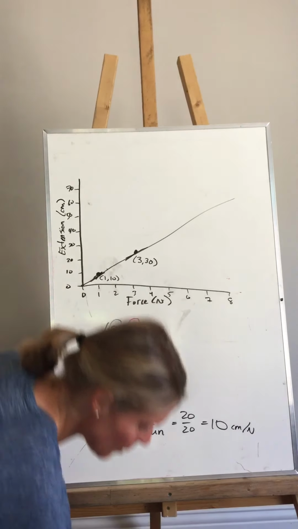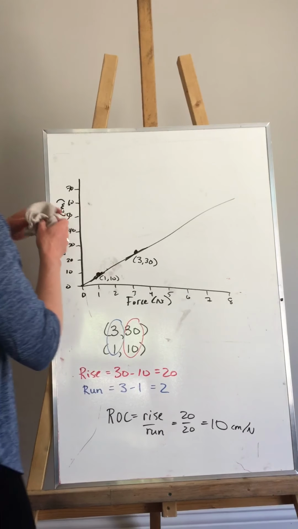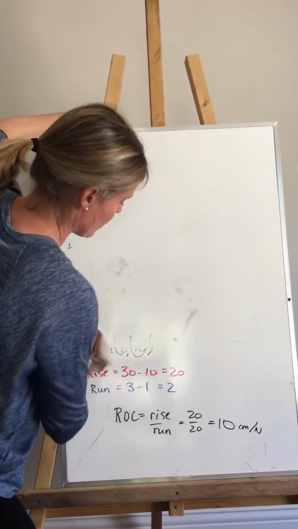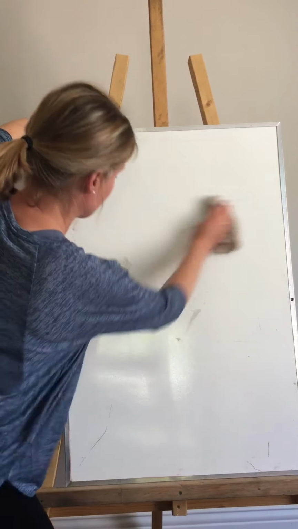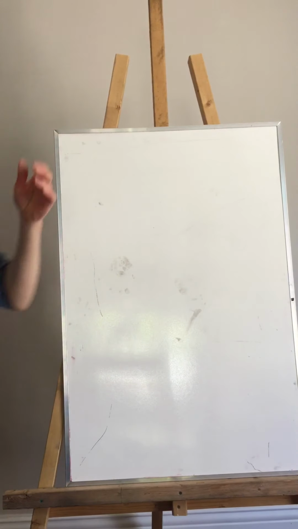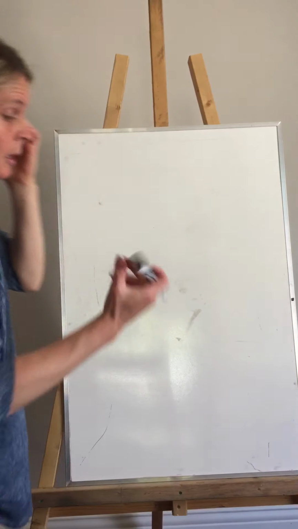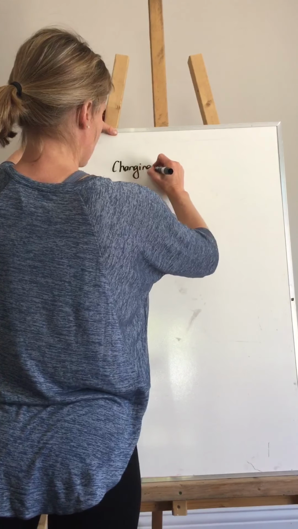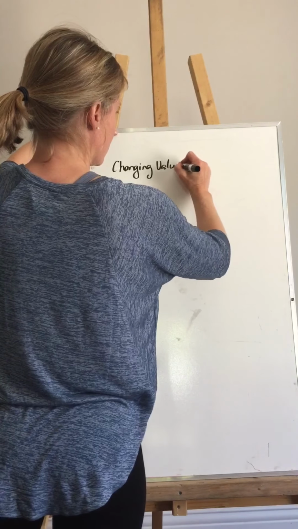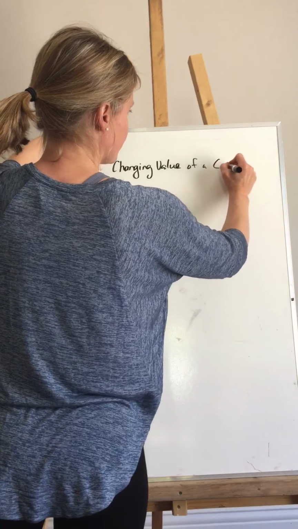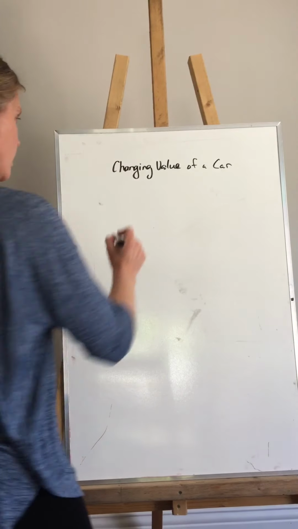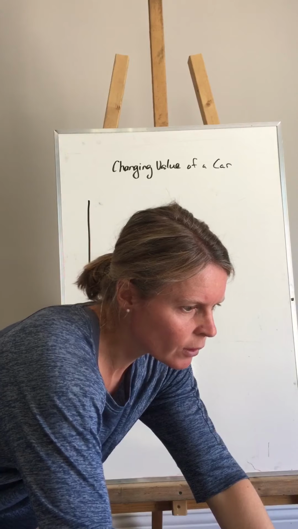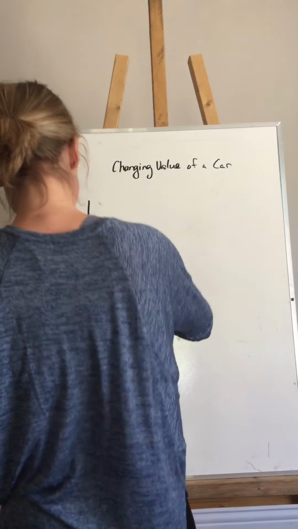Okay, next example. So I'm just going to erase this one. Okay, so this example is the changing value of a car. And along the y-axis, we are going to have the value of the car, okay, in dollars.